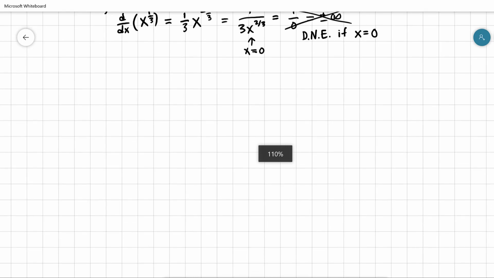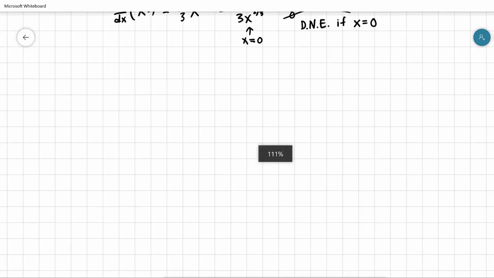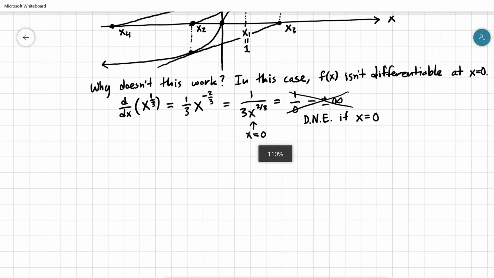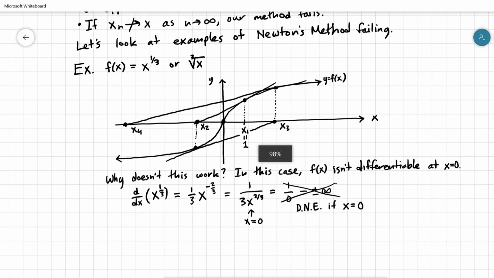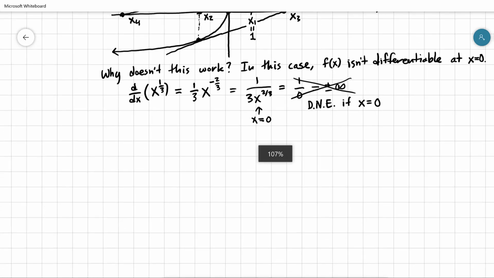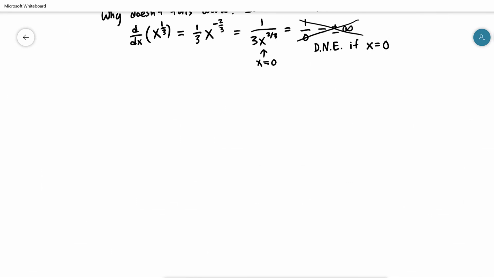What is another possible case? There's another reason things could go haywire here. So, second example. Let's say my f of x was equal to some sort of parabola.